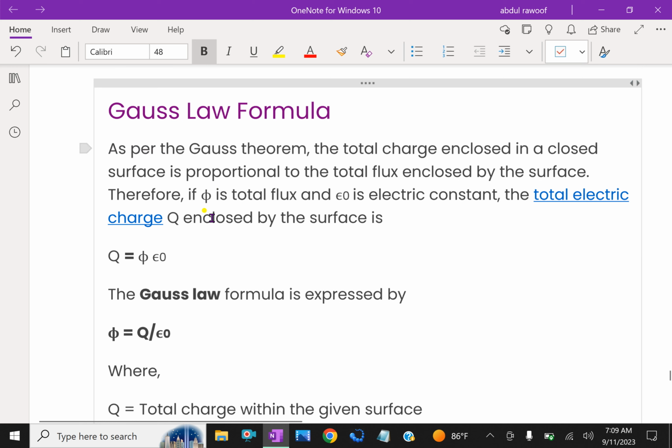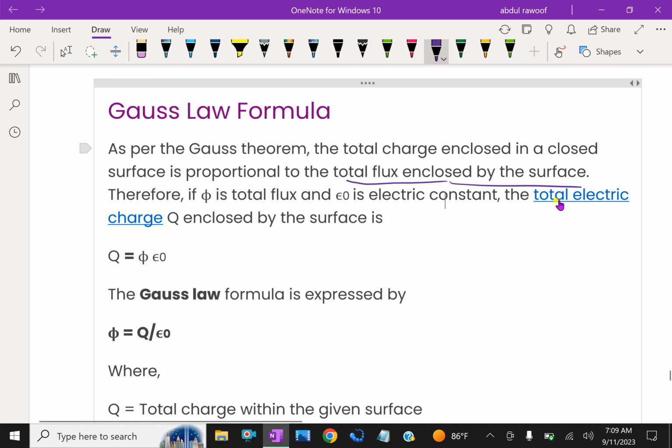Now, what is the Gauss law formula? As per the Gauss theorem, the total charge enclosed in a closed surface is proportional to the total flux enclosed by the surface. Therefore, phi is the total flux and epsilon 0 is the electric constant.